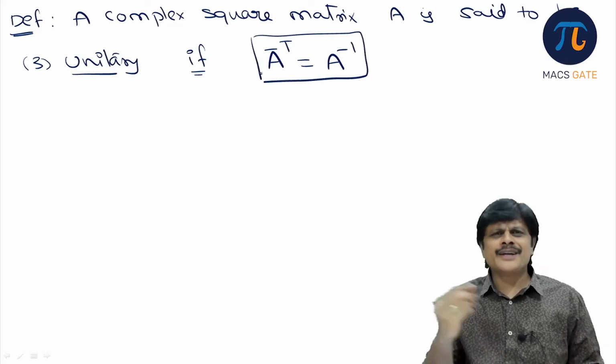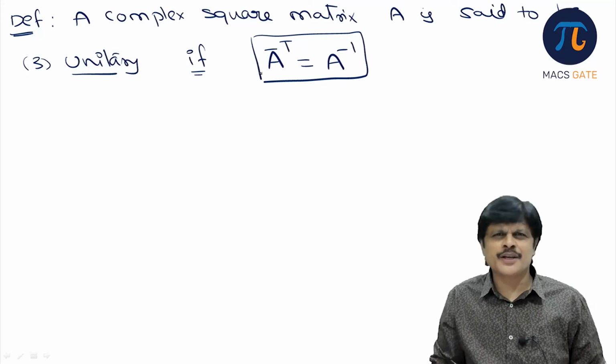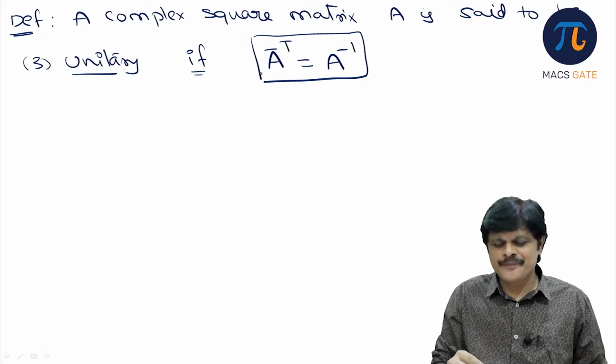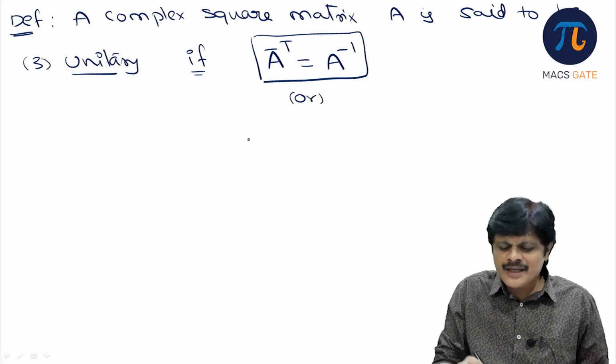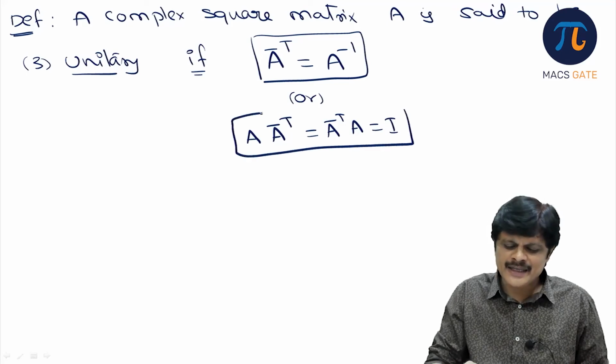See, if you studied the definitions for real matrices, you can easily remember this definition also. Just in place of transpose, you get conjugate transpose. That is the story. So, what is the story here? A multiplied with its conjugate transpose, or A conjugate transpose multiplied with A, will give you identity.